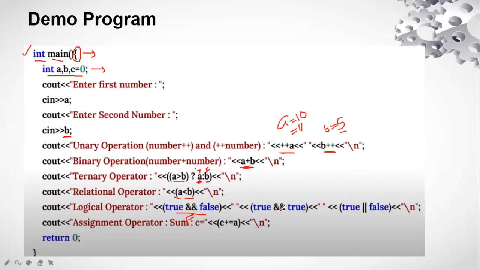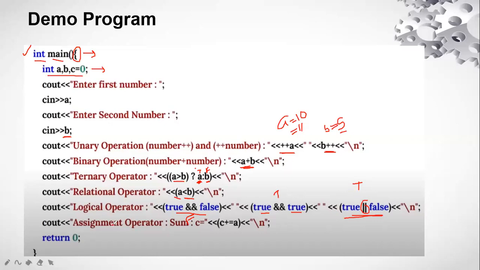Here true and true, both are true, so I'll get true. And what will be printed out? It will be displayed as 0 for false and 1 for true. It will not display true, it will display 1. And this is OR. If any one is true, then it will be true, right? So this is what the output will be.